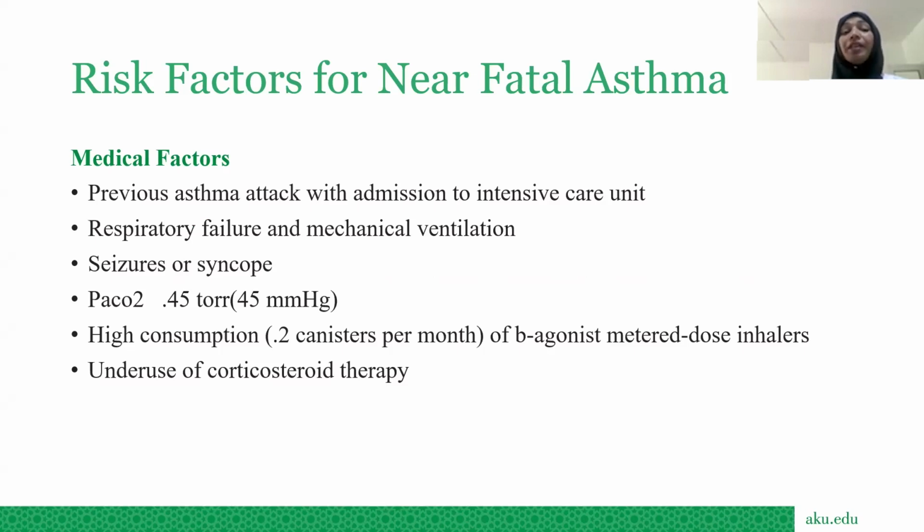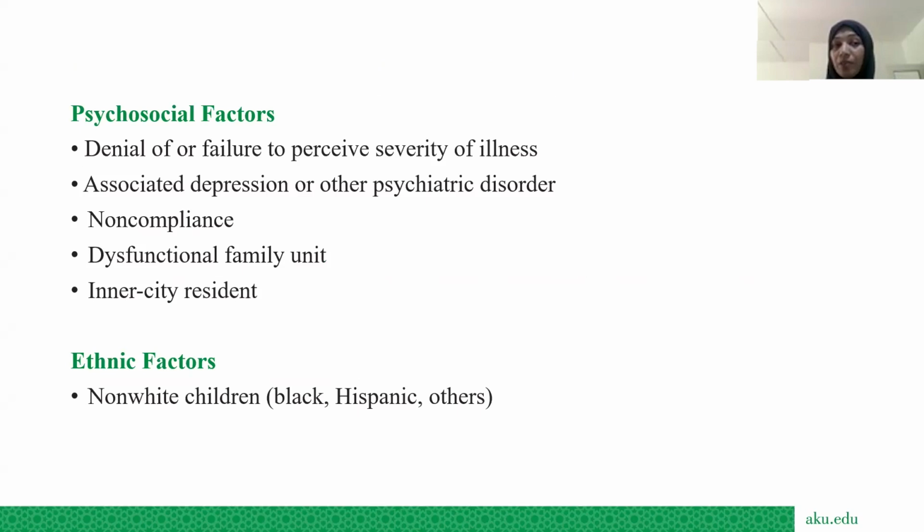Risk factors for near fatal asthma include a previous attack with admission to the ICU, respiratory failure and mechanical ventilation, seizures or syncope, PCO2 more than or equal to 45 millimeters of mercury, and a history of high consumption of beta agonist metered dose inhalers. Underuse of steroid therapy can also lead to near fatal asthma.